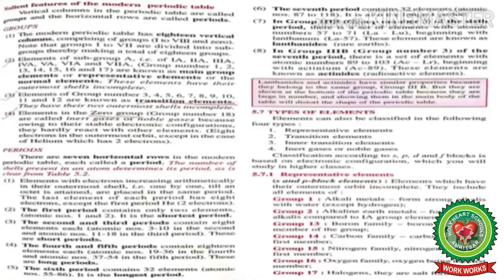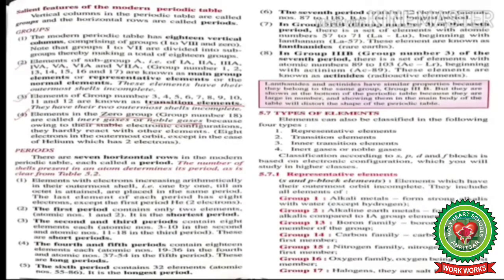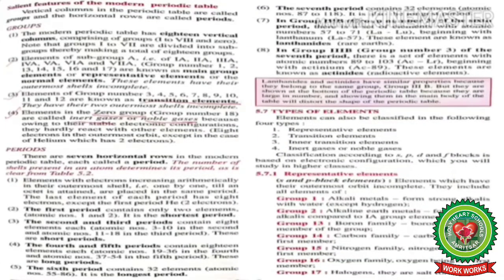Fourthly, elements in group 0, group number 18, are called inert gases or noble gases because, owing to their stable electronic configurations, they hardly react with other elements. They have 8 electrons in the outermost orbit, except in the case of helium, which has 2 electrons.